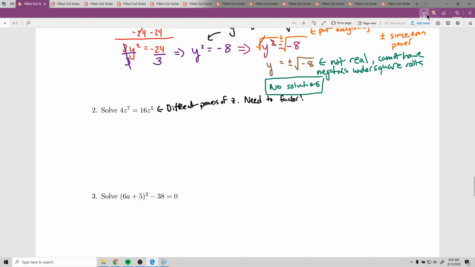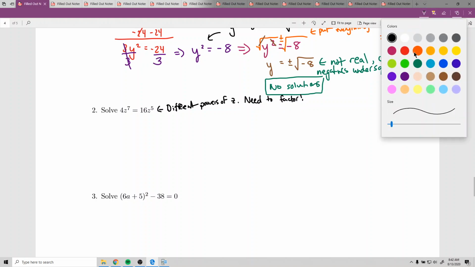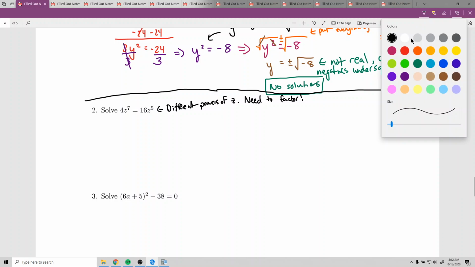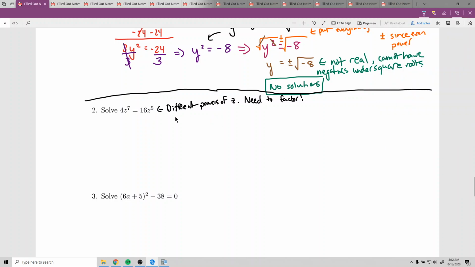Right, if we need to factor, you need to make 0 on one side. One thing that you should have learned in math before is that you never divide by a variable. Right, so to get 0 on one side, you don't want to cancel out any z's here, even though it might be enticing. You have to subtract.